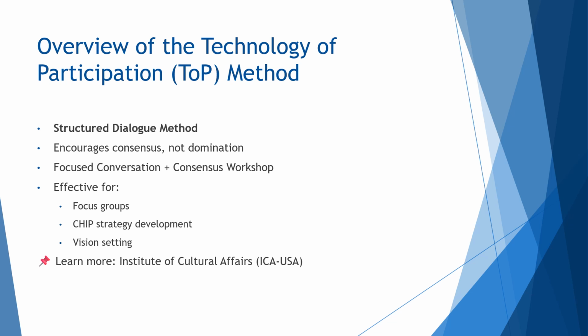TOPS works well because it encourages equal voice, reduces domination by more vocal participants, and leads to shared ownership of outcomes. It's especially helpful during visioning sessions, CHIP strategy development, or focus groups, but you can use it in all kinds of different ways. If you're looking to deepen community engagement and improve decision quality, this is a facilitation method worth exploring.